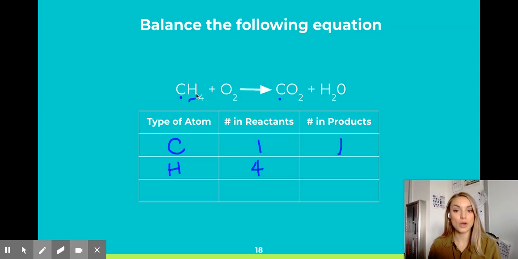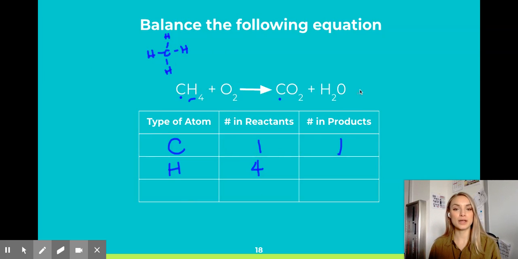It means that there's 4 hydrogen in one molecule of CH4. And that molecule will actually look like this. So that carbon is bonded to each of those hydrogens. And 1, 2, 3, 4 hydrogen in our reactants.